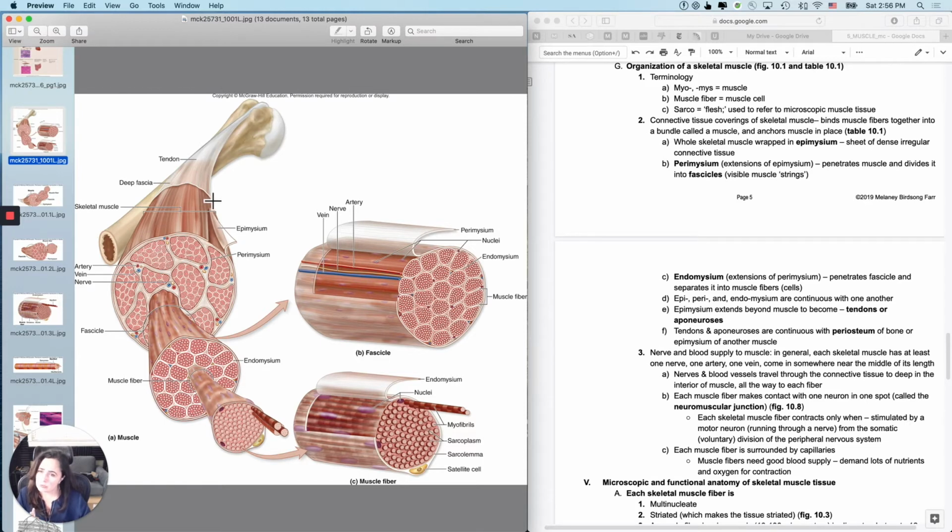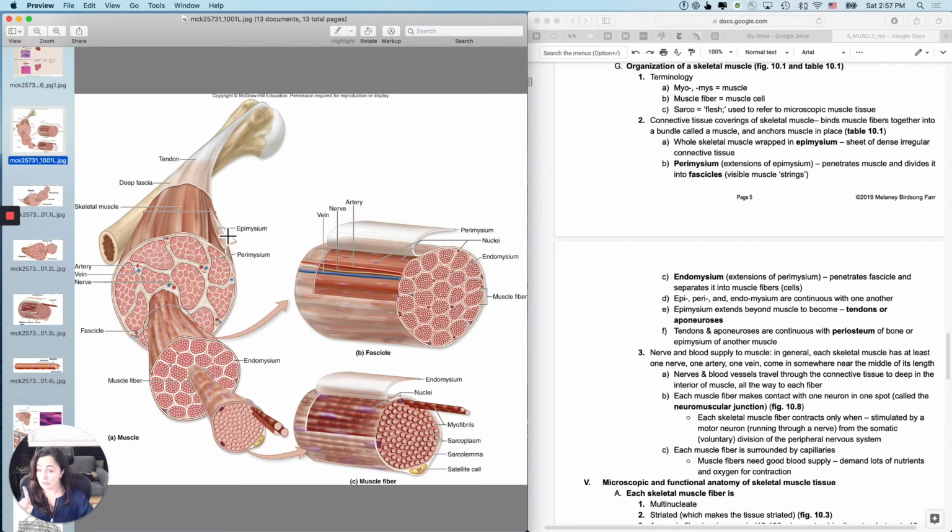Then all you have to do is weave the collagen fibers from the dense irregular connective tissue into the collagen fibers of the tendon, which is made of dense regular connective tissue. And then that will weave into the collagen fibers of the periosteum, which is made of dense irregular connective tissue again. So basically, all of these are like a continuous fabric, so it's really hard to pull them apart from one another, which ends up being really important.